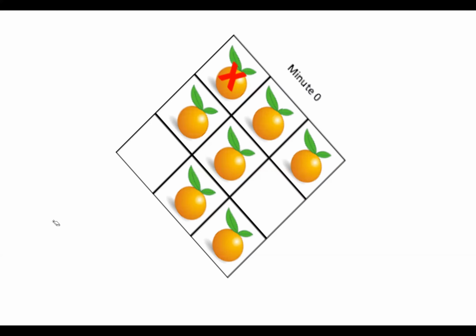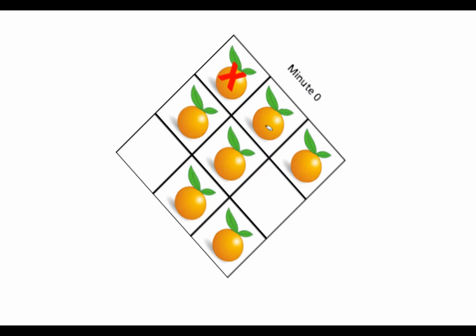One important thing to notice here is that each of these cells is a node of a graph. Each cell can infect only the neighboring cells in 4 directions. So if there is a diagonal, this is not a valid edge, and these are not valid edges.